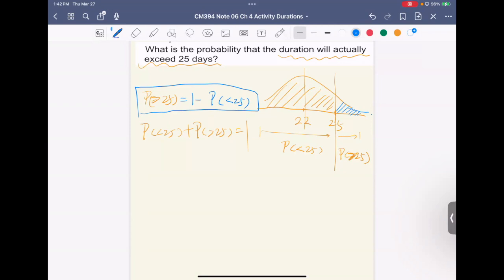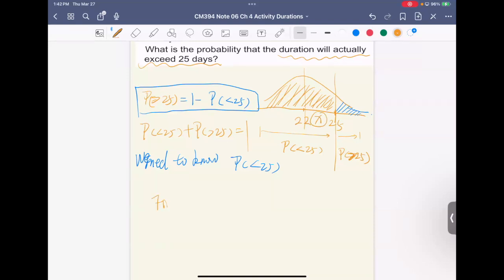Okay, so if that makes sense, what we need to know is P less than 25. Because using 1 minus this one, we can get it, right? P less than 25 is this yellow part. How do we find this yellow part? We find the X first, right?